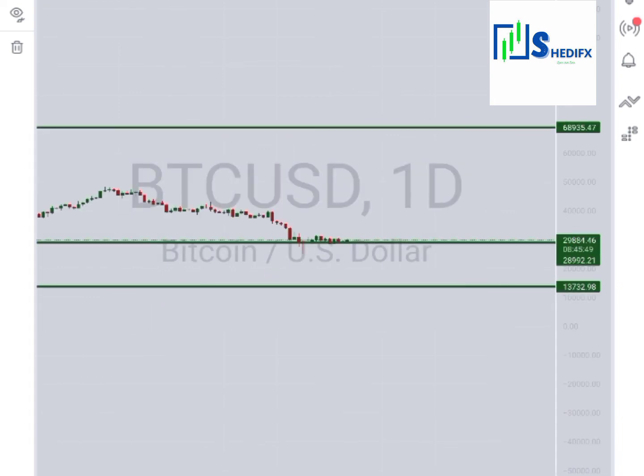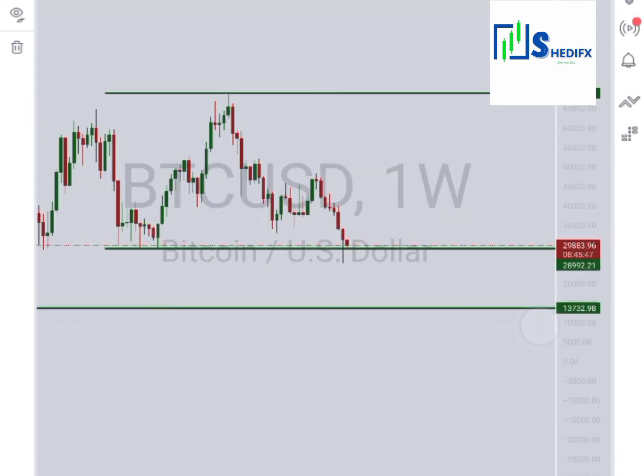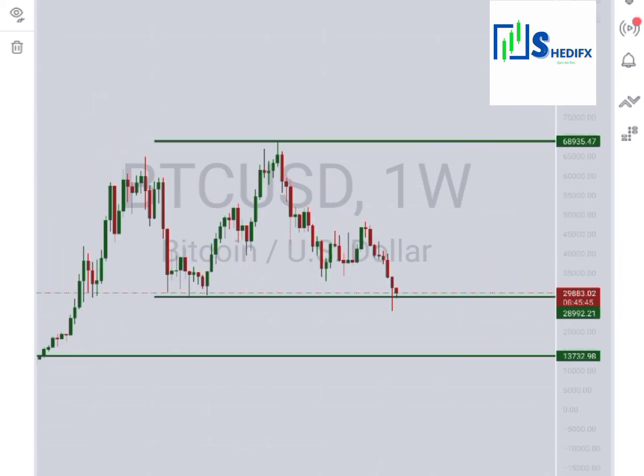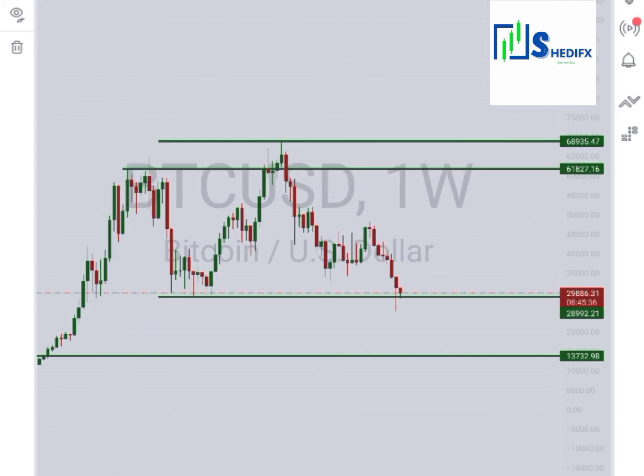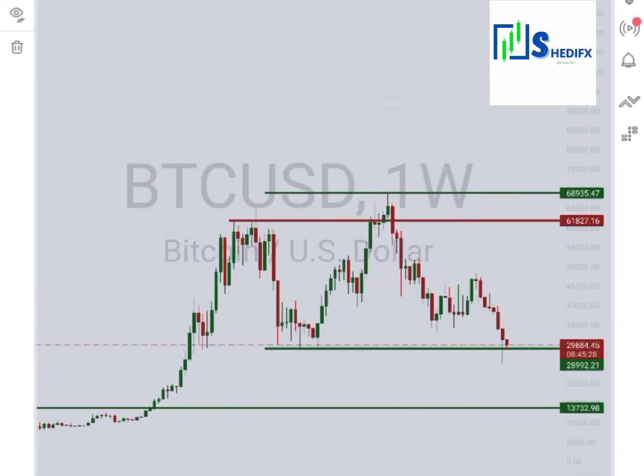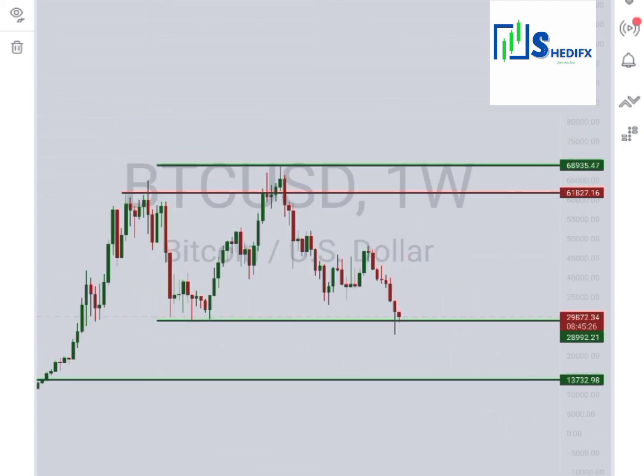So let's go to our weekly time frame. That should be a possible head and shoulder that is going to form in case BTC is going to rally from here and then go to the top.